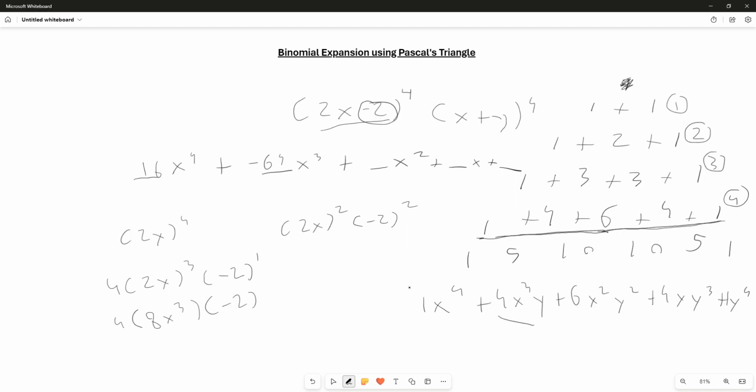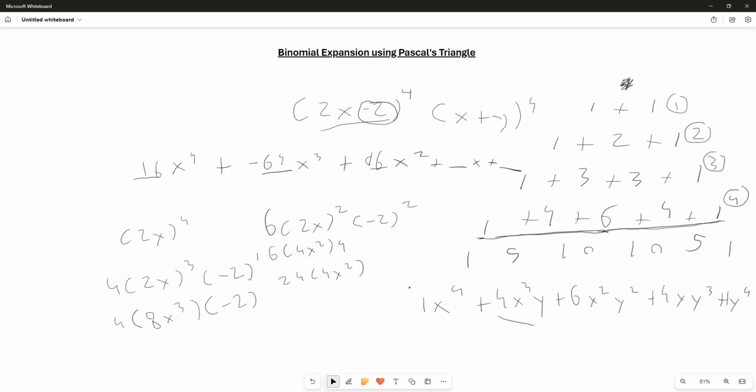And then we have the coefficient of 6. We have to make sure we remember that. So 2 to the 2 is 4. x to the 2 is just x squared. So we have 6 times 4x squared times -2 to the power of 2 is just 4. So we have 24, because 6 times 4 is 24, times 4x squared. 24 times 4 gives you 96, so this is going to be 96x squared.